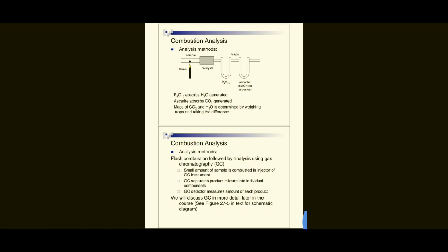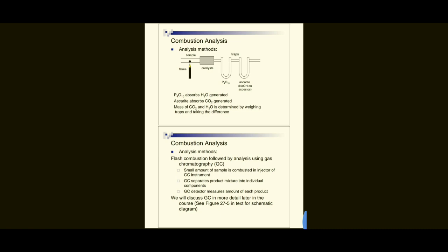Students, combustion analysis method: the sample is burned. The sample is converted to P4O10, which is trapped and absorbed in NaOH.